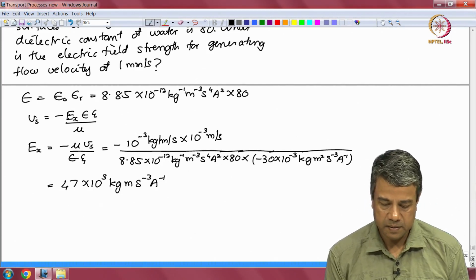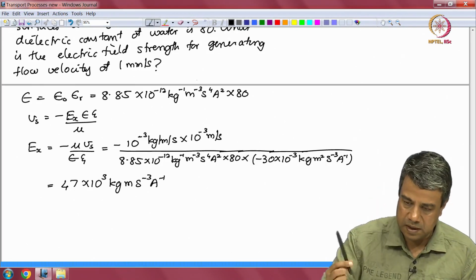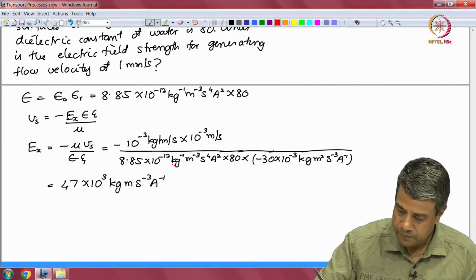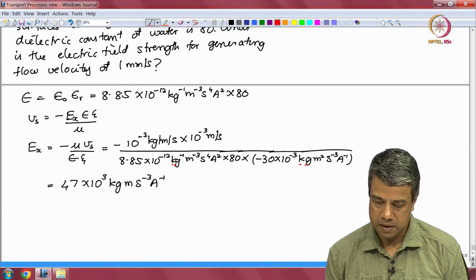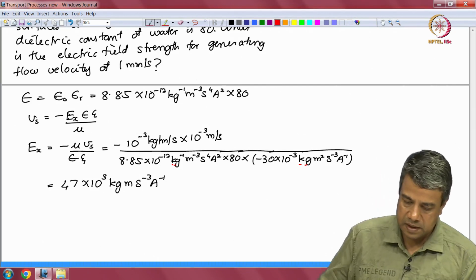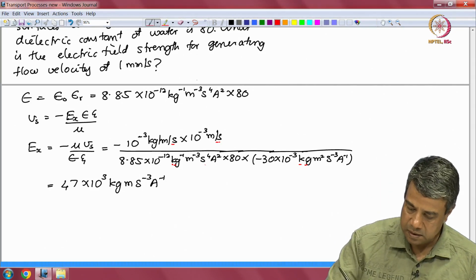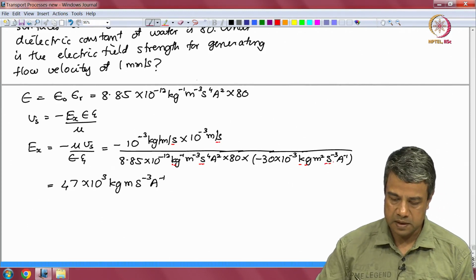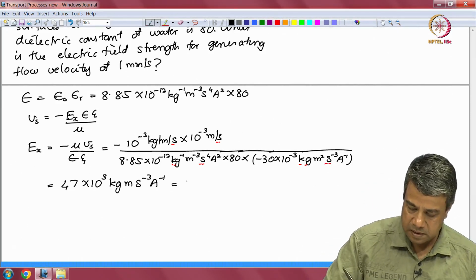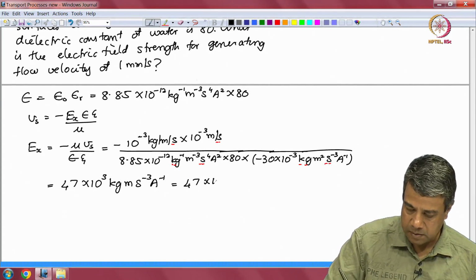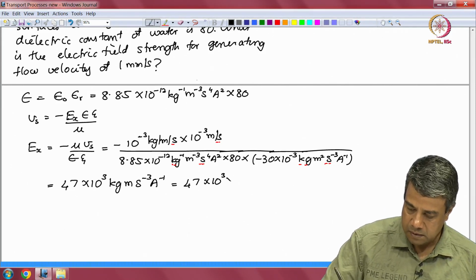You can verify that there will be an ampere in the denominator and a kg in the numerator, because these two will cancel, and second power minus 3 results from the other factors. This is the same as 47 into 10 power 3 volts per meter.